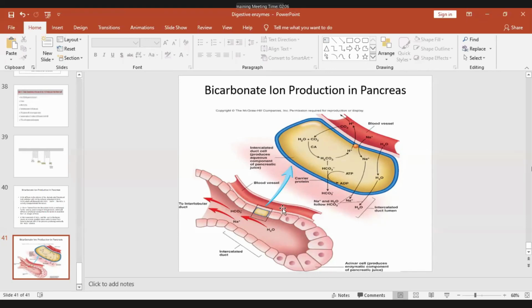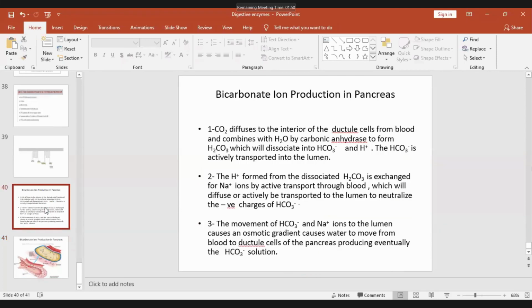We are talking about how bicarbonate flows and takes this route. In this way, bicarbonate ions are produced in the pancreas and secreted, and that's why they are an important component of pancreatic secretions.